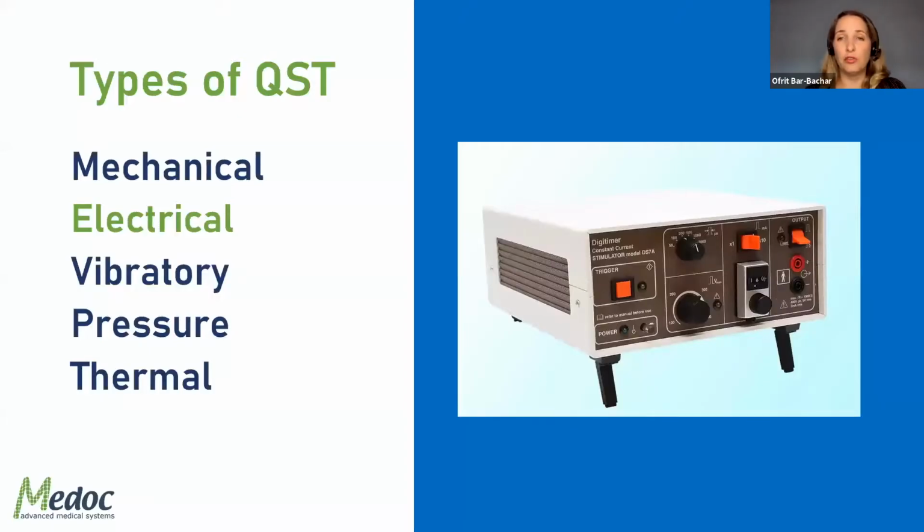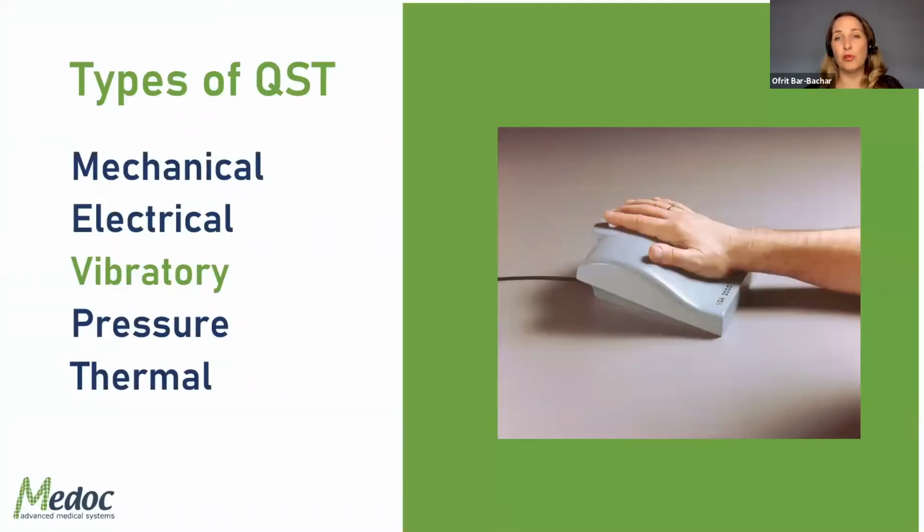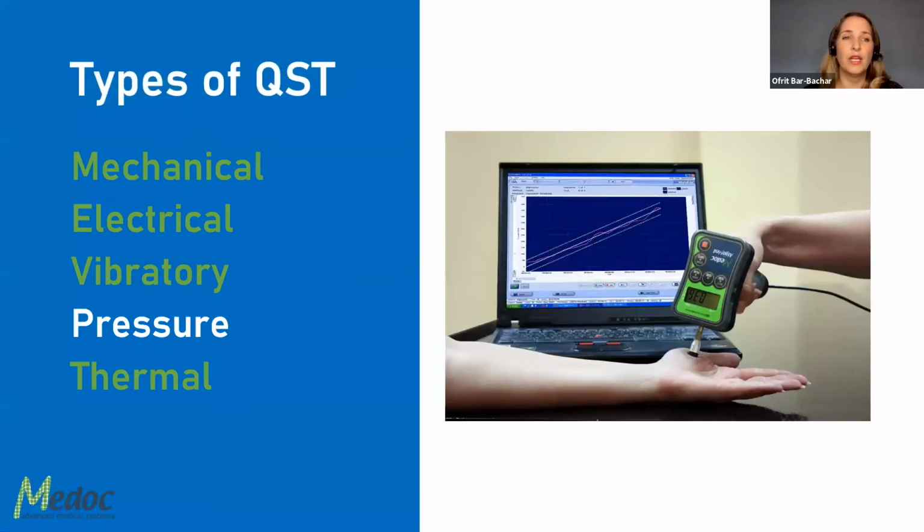Then there is electrical QST, vibratory QST, which is often done by using a tuning fork, or in this case, a computerized device like the VSA 3000. Then there is pressure algometry. You can use a manual pressure algometer, or you can use a computerized one like Medoc's Algomed.